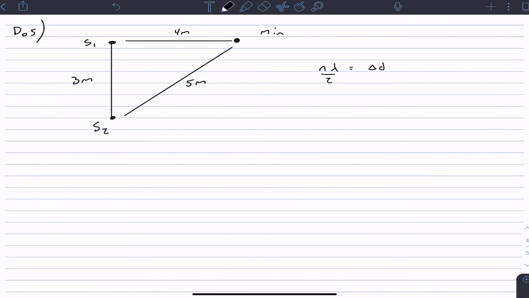So that means that delta D is equal to 1 meter again. So n lambda over 2 is equal to 5 meters minus 4 meters equals 1 meter. No problem. Well, that means that n lambda is equal to 2 meters.